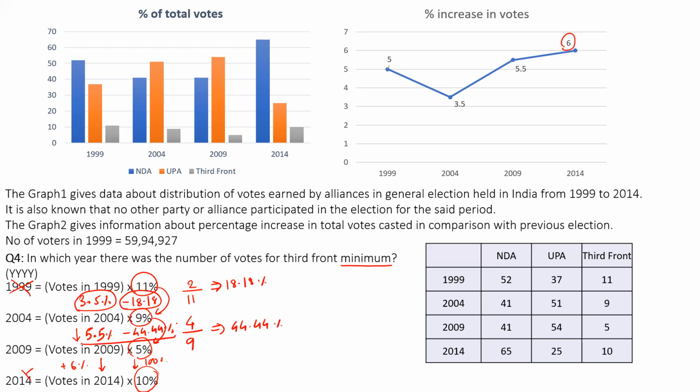So clearly again, the net percentage change is going down. So hence I can say that in 2009, the number of votes was less in comparison with 2004. Hence 2009 is the correct answer in this case. I hope this set is clear to everyone. Thank you.